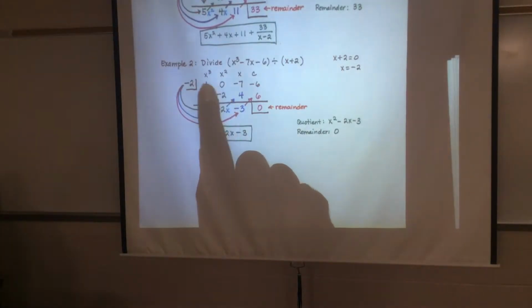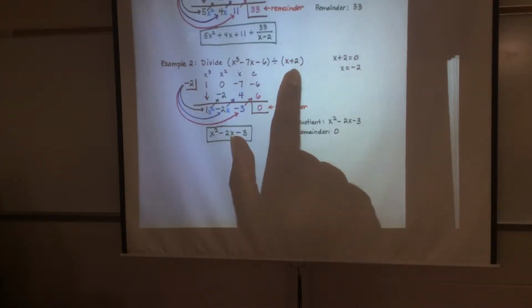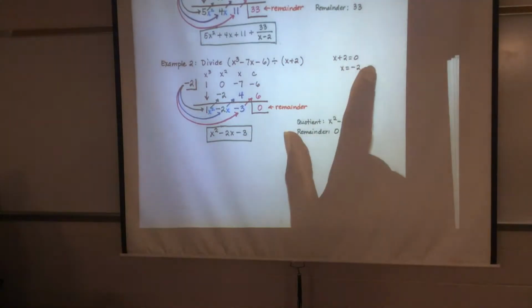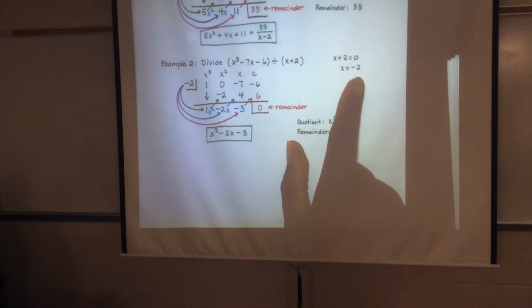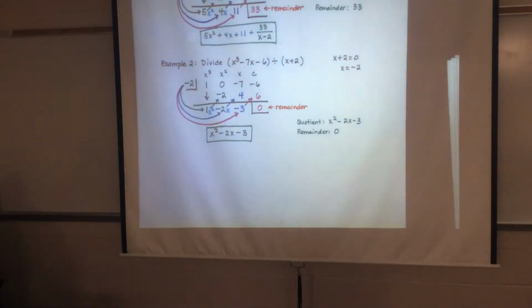What I did was put x cubed, x squared, x, and the constant, because I know I need a number there for each x term and the constant term itself. Now for the x plus 2, if I set that equal to 0, I'll have x equal to negative 2. That negative 2 will be the divisor for this particular division.